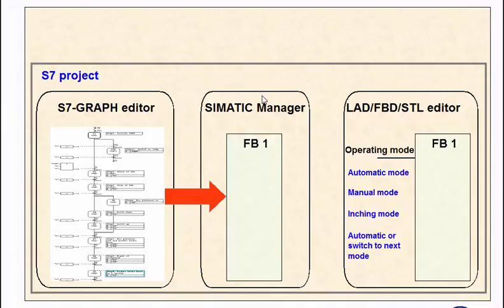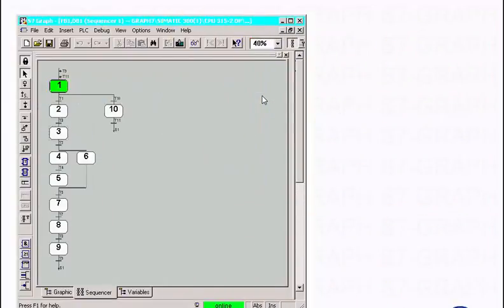When parameterizing the block, you can select which of the 4 possible operating modes the sequence chain should work in. For testing or commissioning, we then load the S7 project into the S7 CPU, including the now integrated S7 Graph function block. You can now monitor the sequence chain online as well as in the work area by triggering the monitoring function in the overview window.